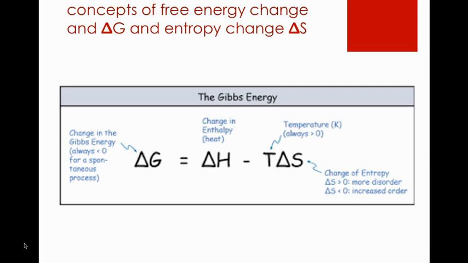The result of this competition between delta H, the temperature, and entropy is called Gibbs free energy. And it will give us an indication of whether a reaction happens by itself or needs assistance, spontaneous or non-spontaneous.